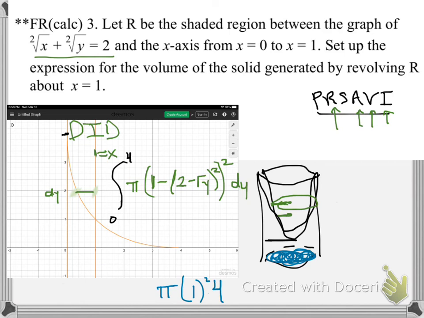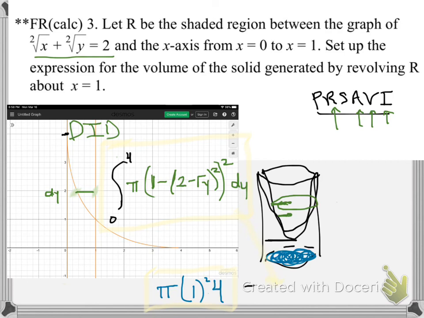This is going to be the area of my bowl that's cut out of the middle of this big cylinder that I had. So really what I'm going to do is take the volume of my big cylinder, which is this, and subtract the volume of my bowl, which is this, because that's what got cut out of the middle.